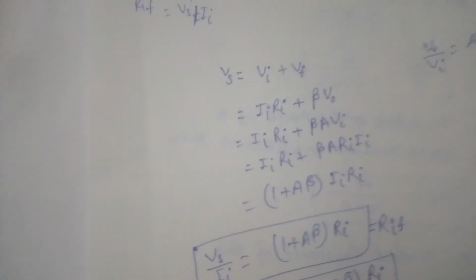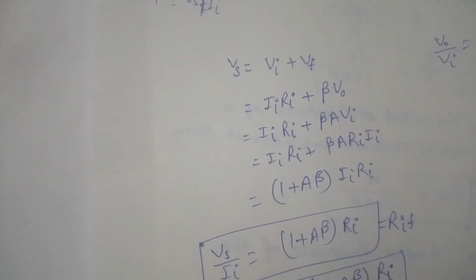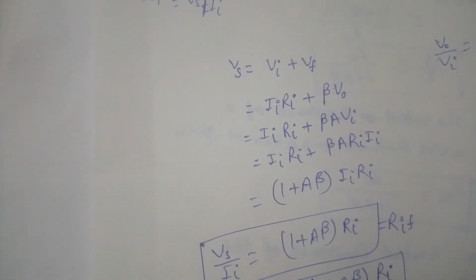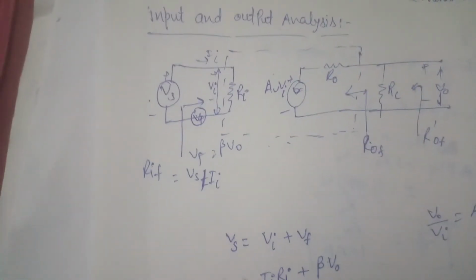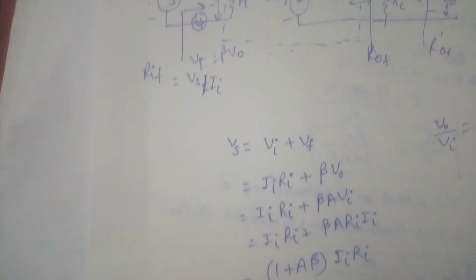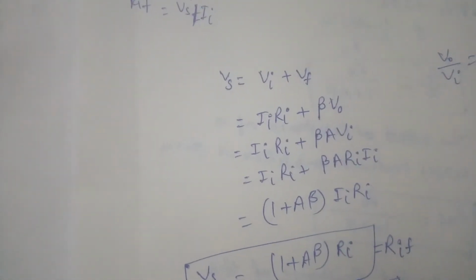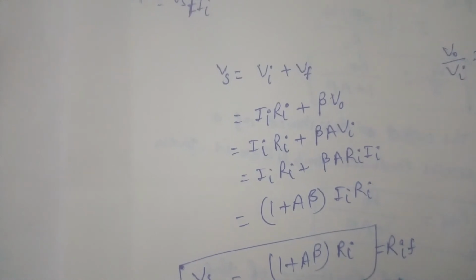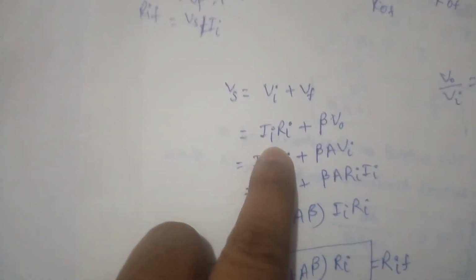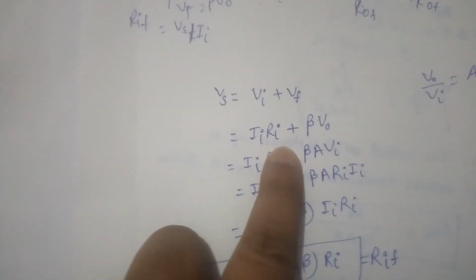We can summarize with this equation. We can apply KVL to this network. After applying KVL, we find Vs is equal to Vi plus Vf, and Vf can be written as Ii Ri plus beta V naught.